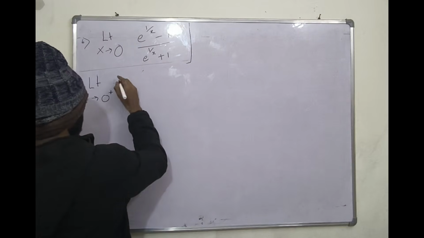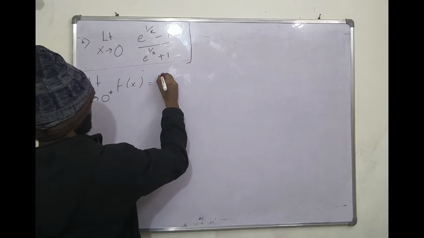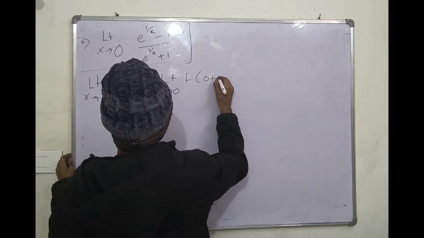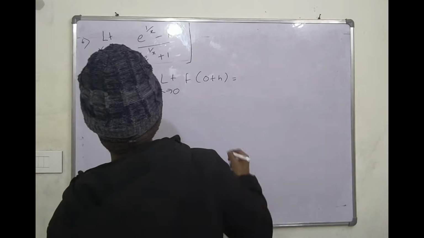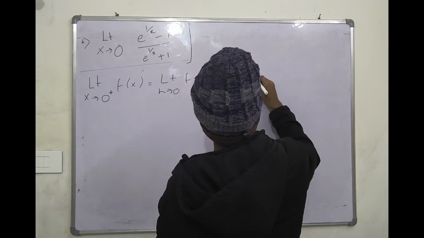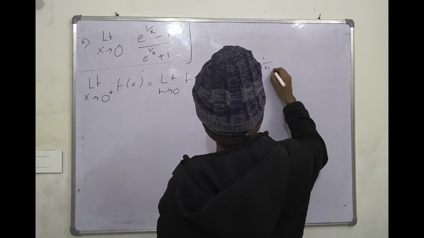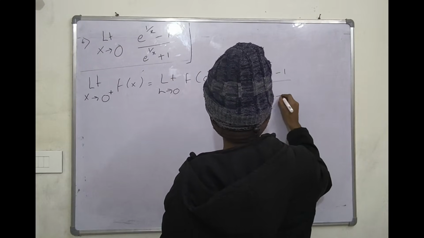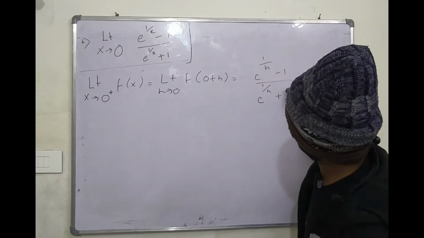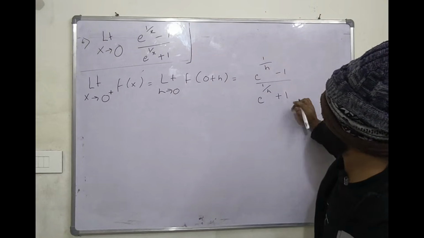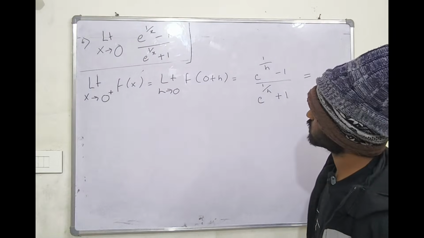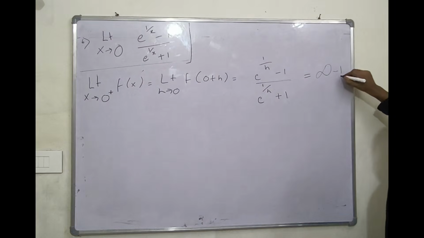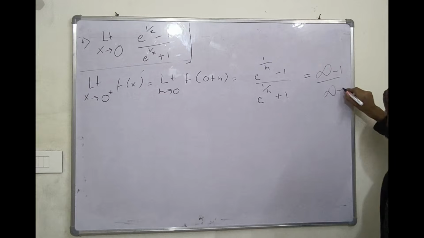This is f of x equals limit h tends to 0 of f of 0 plus h, which equals (e power 1 by h minus 1) by (e power 1 by h plus 1). My handwriting is very bad. As h tends to 0, this is plus infinity minus 1, and this is again plus infinity plus 1.